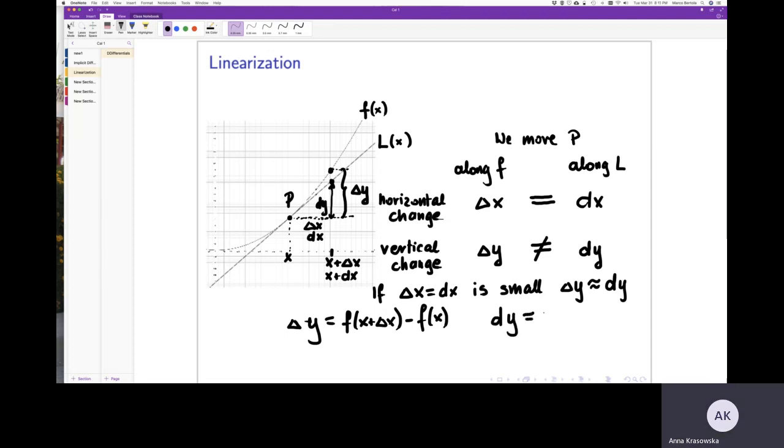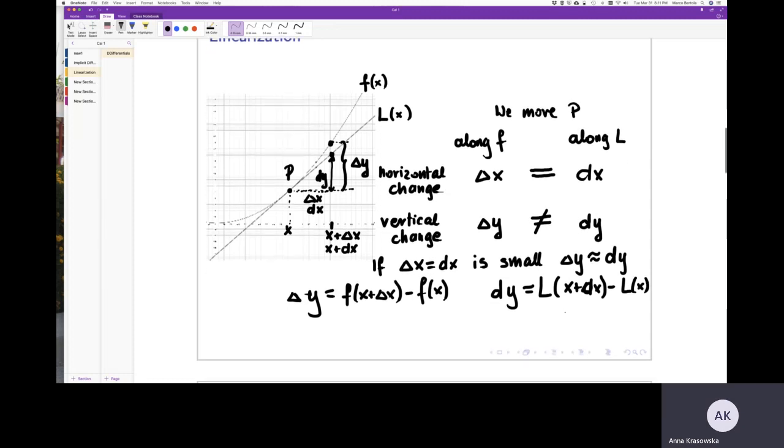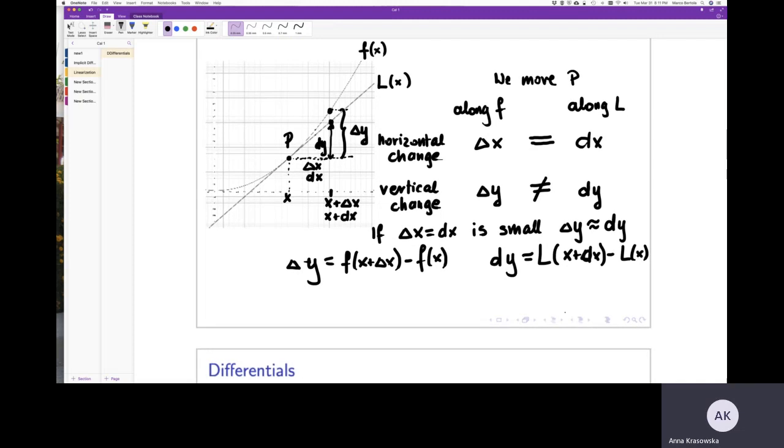It is vertical change given from a line: L of x plus dx minus L of x. Okay. And that's why those dx and dy are called differentials.